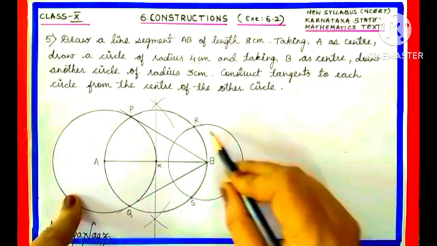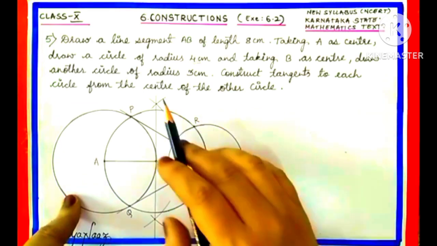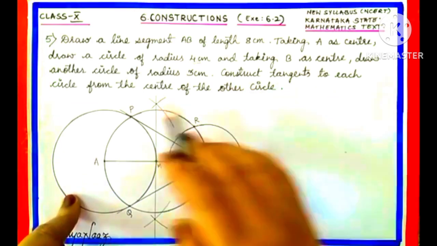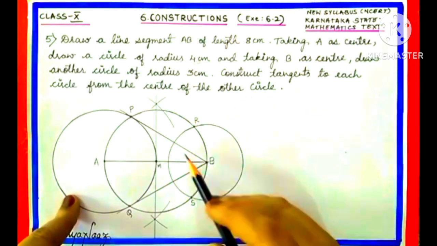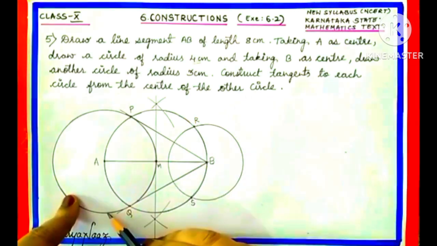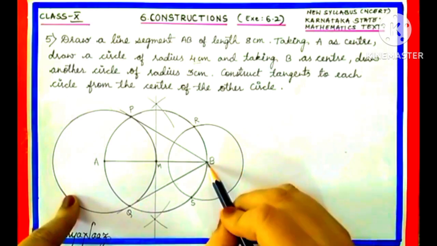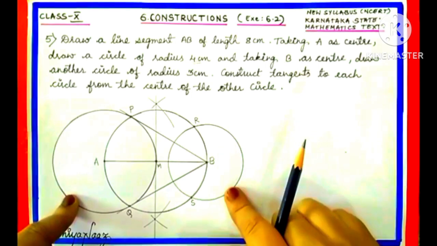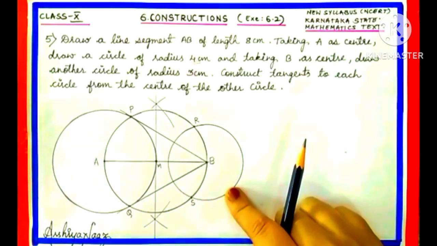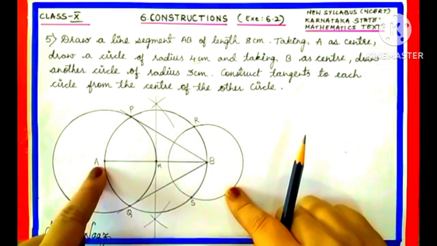This is the center of another circle. So we have been asked here to draw the tangents to each circle from the center of another circle. So here these are two tangents to the circle from center of another circle. I hope you understand this. Now similarly we want the tangents to this circle from center of this circle.